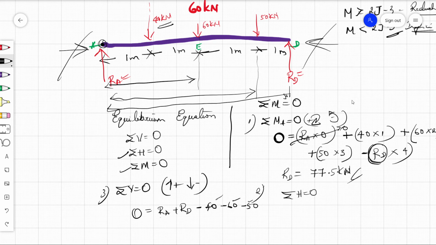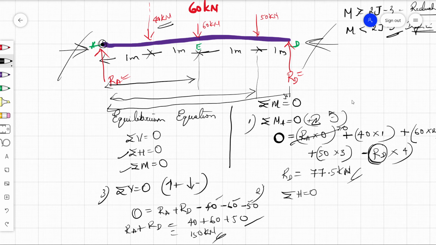Remember this, upward force should equal the downward force. So you can write RA plus RD is equal to 40 plus 60 plus 50. The more perfect you get, the more you write this line directly. So that is 150 kilonewton.